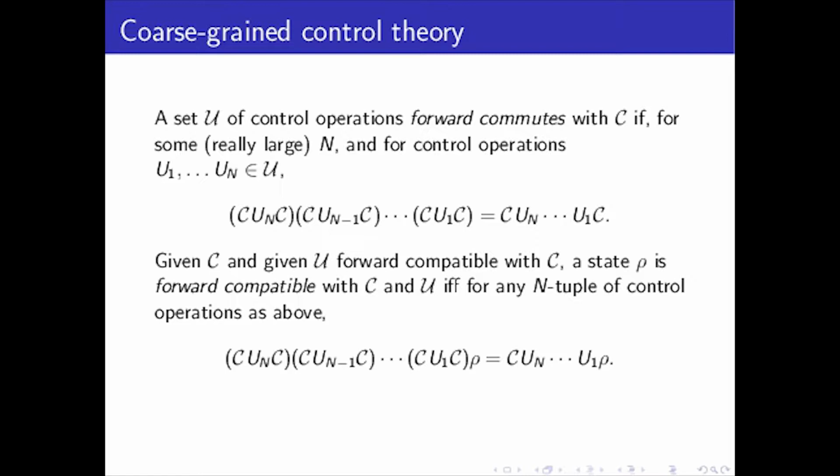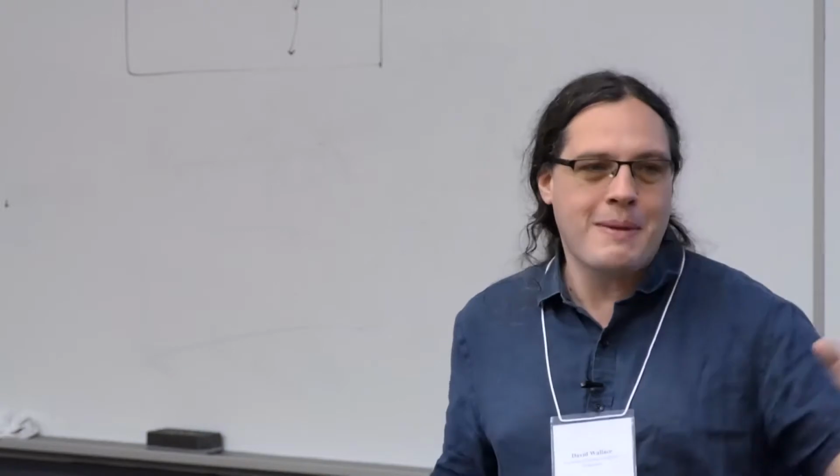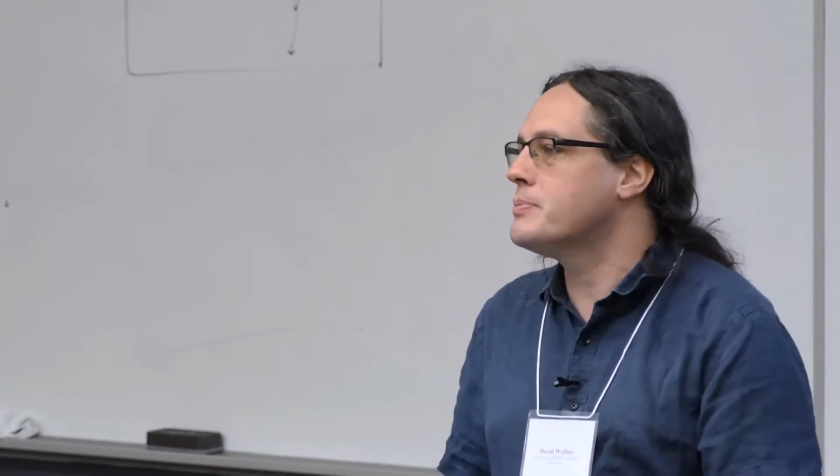So, if I start with the state and apply all the control operations and coarse-grain, I get to the same place as if I start with the state, coarse-grain, apply the first control operation, coarse-grain, apply the second control operation, coarse-grain, and so on. So all of the states which are themselves coarse-grained are forward compatible in that sense, but a bunch of other ones might be as well.